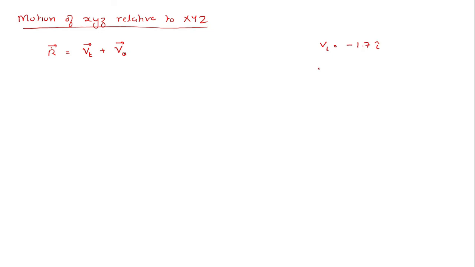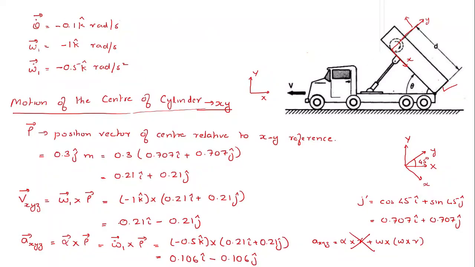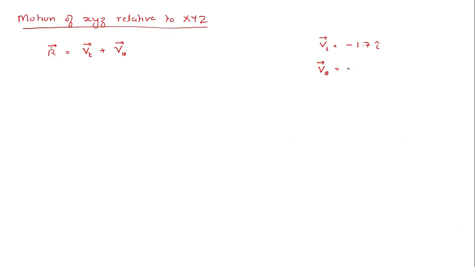Now v theta, it is the velocity of the corresponding reference frame, secondary reference frame, small x small y, as this theta here changes. That will be equal to theta dot cross d vector.